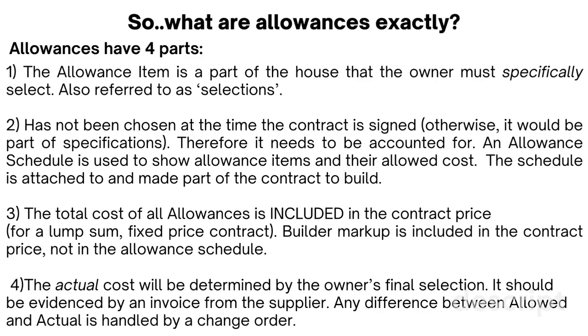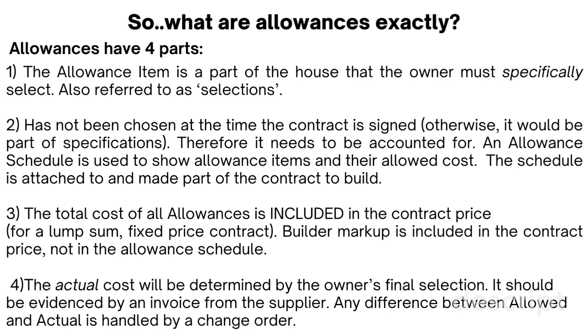And all of those installation materials are a part of the allowance item itself, but it is not part of the allowance amount. It is not in the allowance itself. It is part of what the contractor is to provide for the allowances. And this is one thing that gets tricky. I'll talk about that more later.